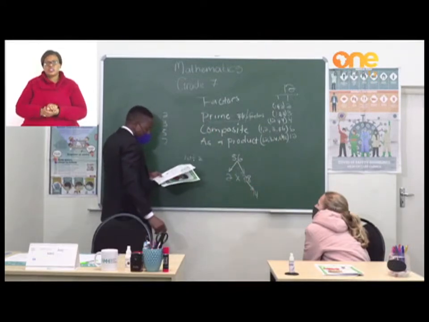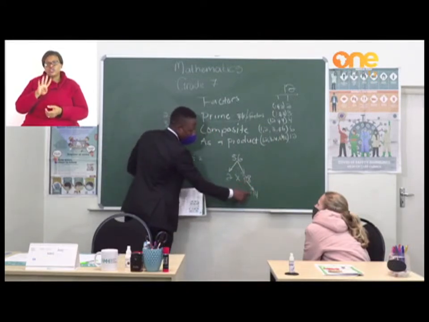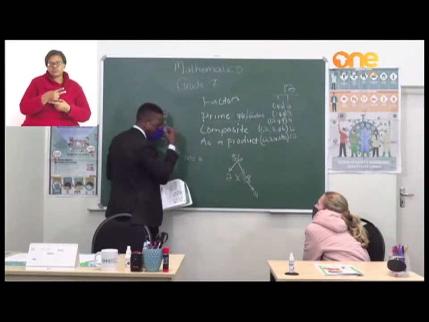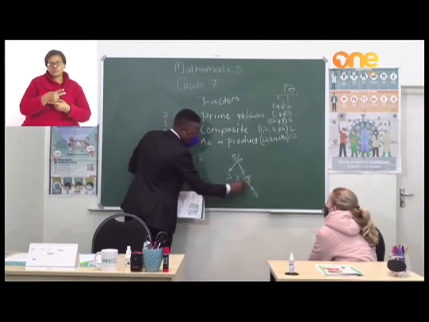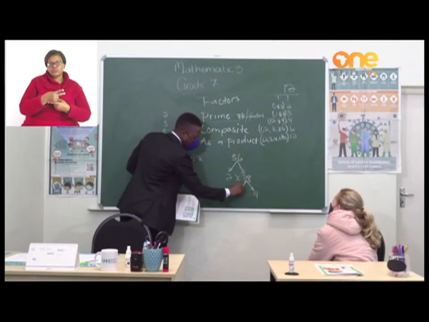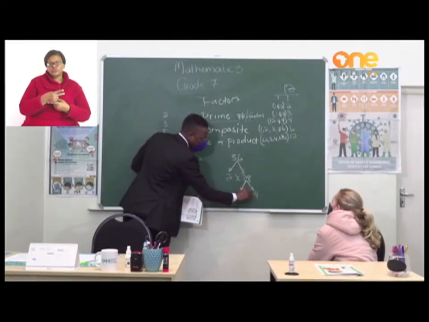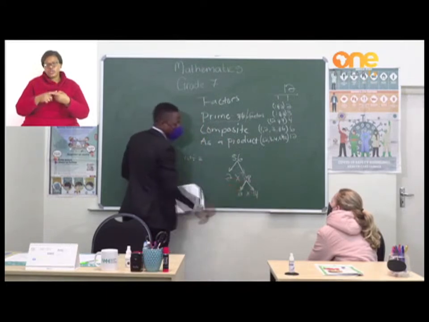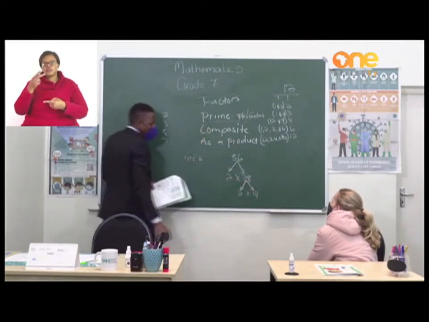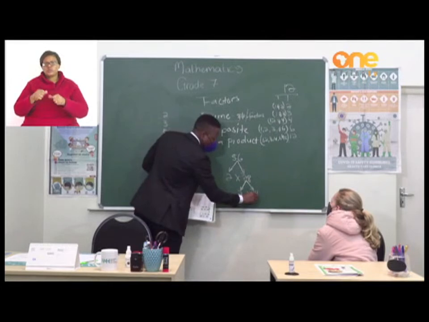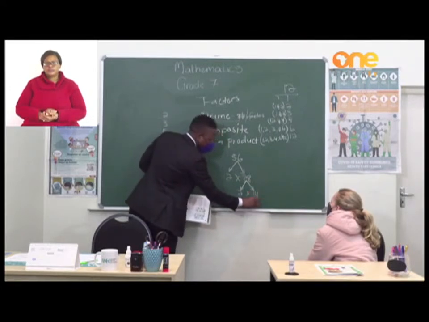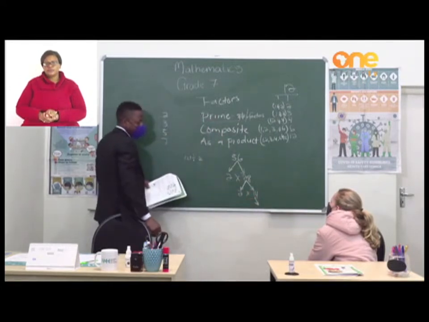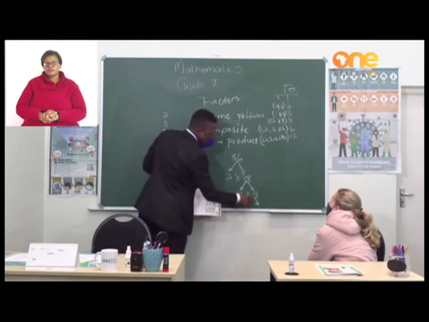I will have 14. But what number must I multiply with 14 to get 28? Remember, we halved, so we have to multiply. 2 times 14 gives me 28. You still have to continue, halving again.